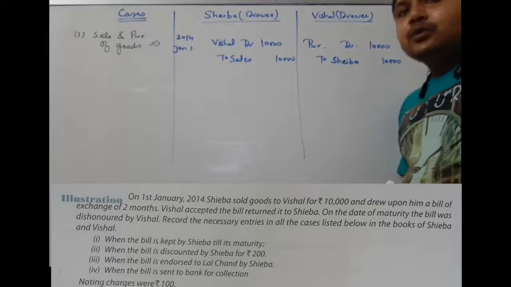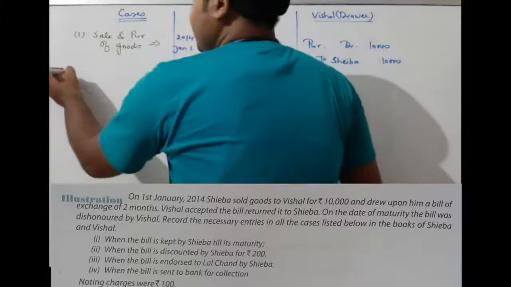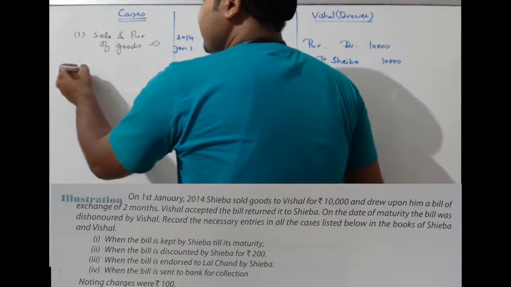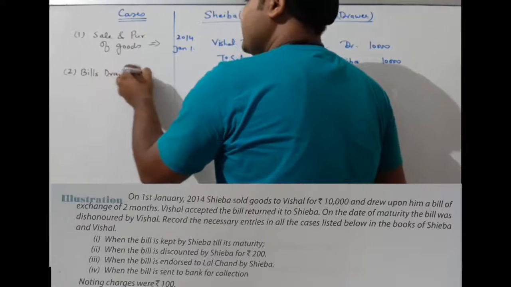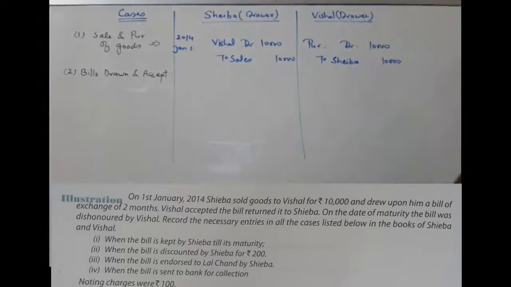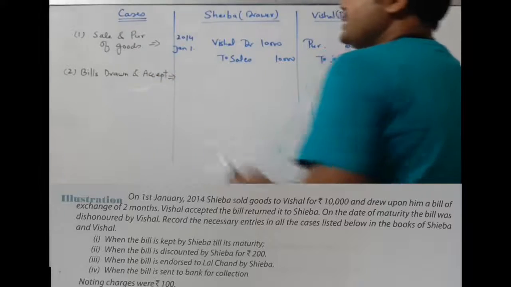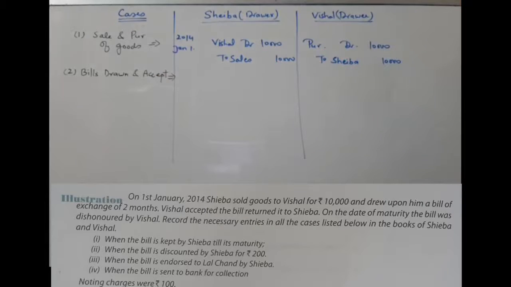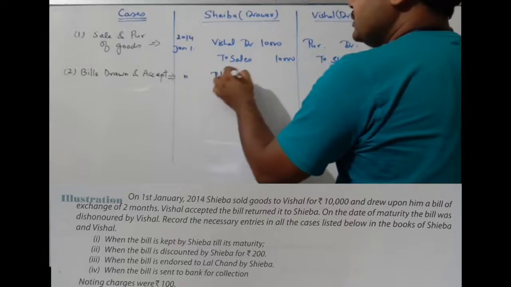And thereafter you know very well bill drawn and accepted. Who is the acceptor of the bill? Vishal is the acceptor of the bill, whereas Saiba is the drawer of the bill, means who draws the bill. On the same date, Vishal ने bill को accept किया and gave it back to Saiba.